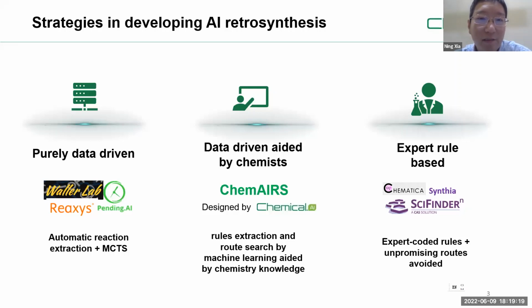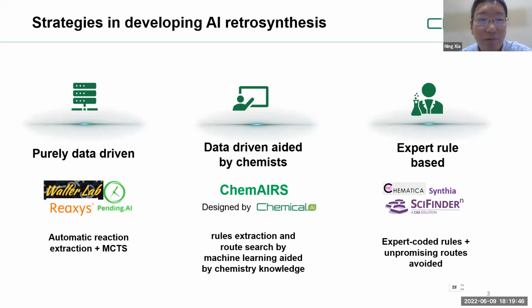So the quality of the routes is different. And our system has already been adopted by a lot of big pharma companies, and they tested a lot and gave us a lot of feedback, and this made our system quite easy to use. This is another difference.